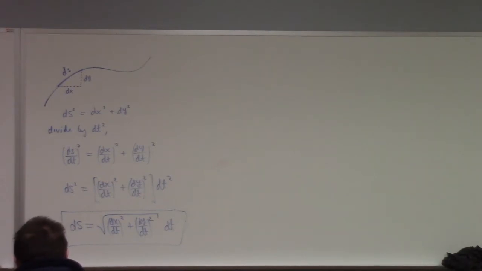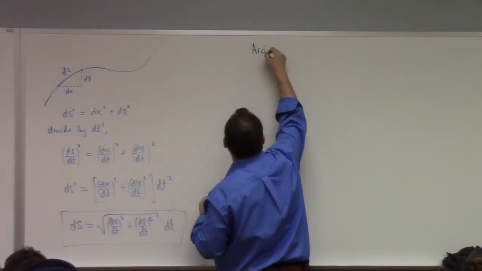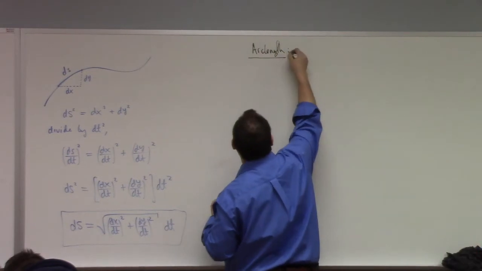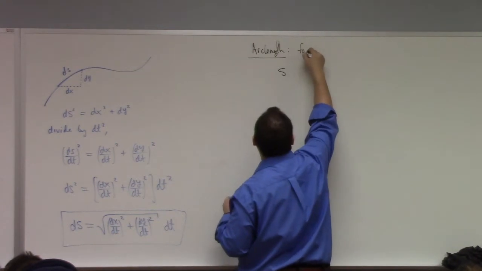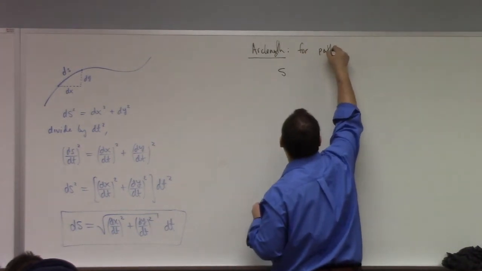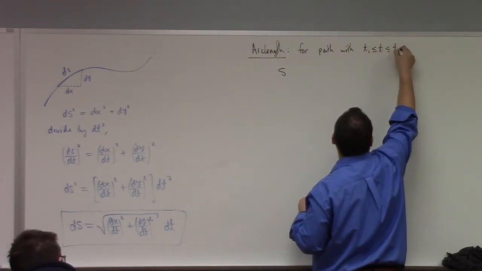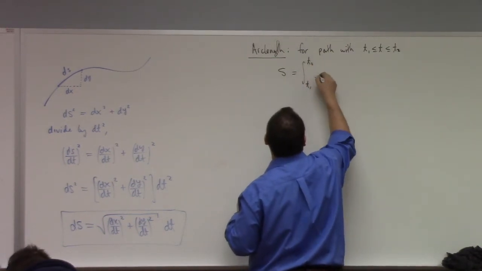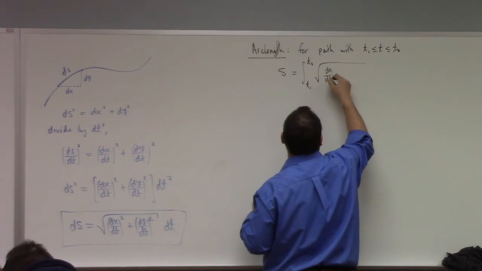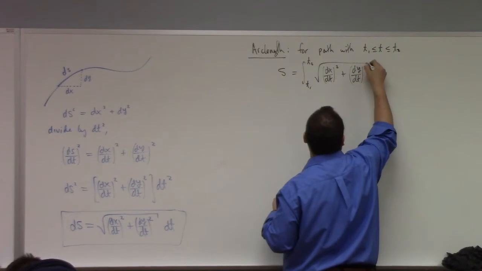How do you find the whole arc length? You just add these up, all right? So for a path with t1 less than or equal to t less than or equal to t2, we calculate the arc length as the integral from t1 to t2 of the square root of (dx/dt) squared plus (dy/dt) squared, dt.